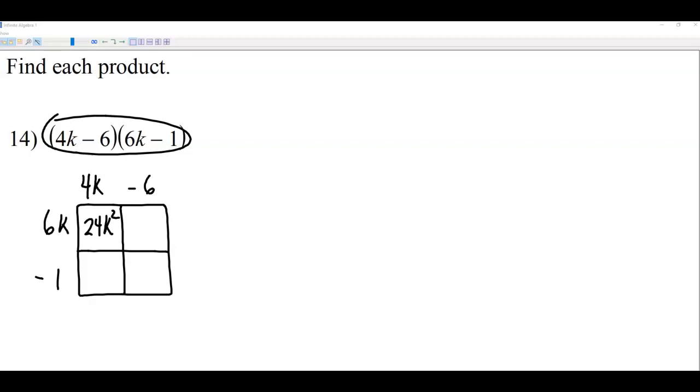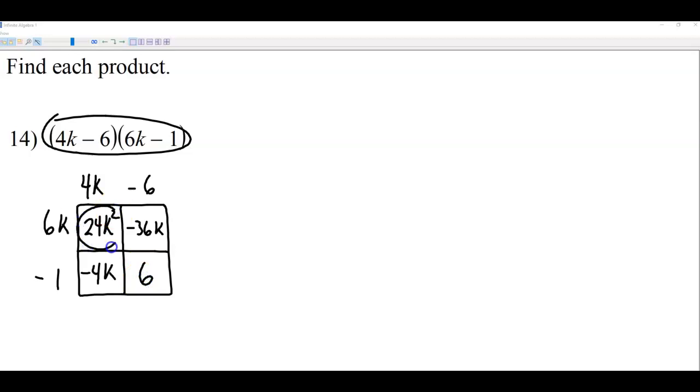All right, to find this box we multiply these 2 numbers together. 6k times -6 is -36k. To find this box we multiply these 2 numbers together. That leaves me with -4k. The last box can be found by multiplying these 2 terms together, which gives me 6.